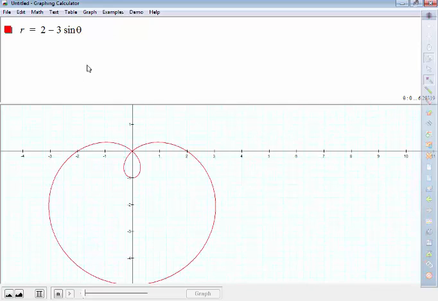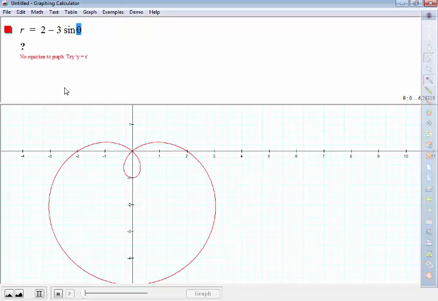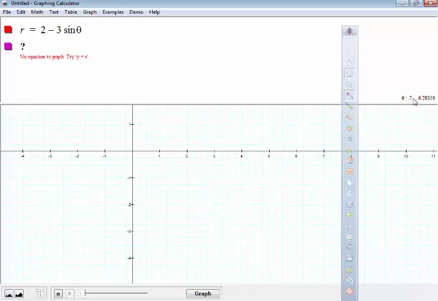I'm going to draw this going from, what is it, 0.729 to pi over 2.